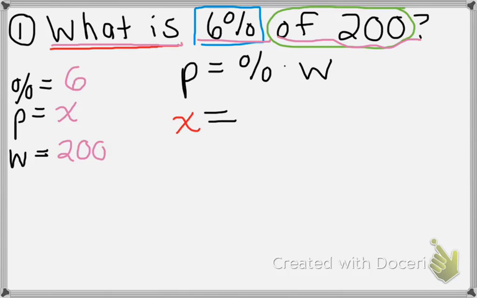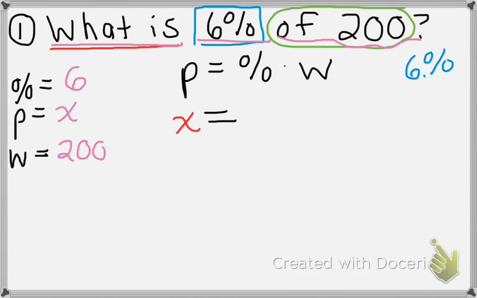Instead of just putting 6, we have to change it to get out of 100, because 6% means out of 100. To change a percent to a decimal, we have to move the decimal point 2 spaces to the left.